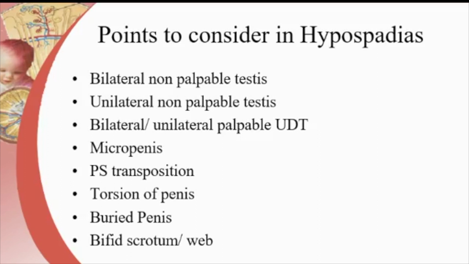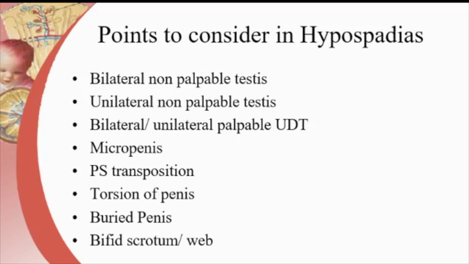The reason I am stressing this point is if you have a patient with a proximal hypospadias and both testes are not palpable, it is possible, and we have seen patients who are 46XX with congenital adrenal hyperplasia, where they present with XX DSD and both gonads are not palpable, and a hypertrophied clitoris with an opening in the perineum looks exactly like a hypospadias. So you have to be aware of it.